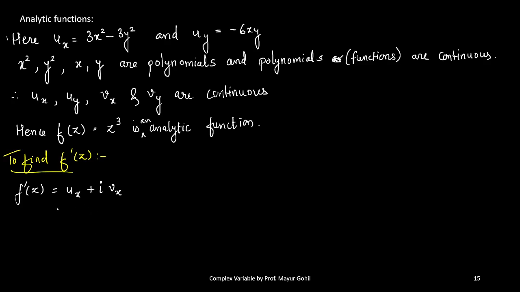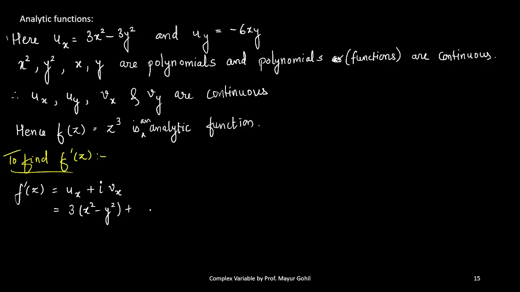Now ux is 3x square minus y square, right? 3 can be taken common, here we have written it up, and ux equals vy, and uy is minus of vx, right?